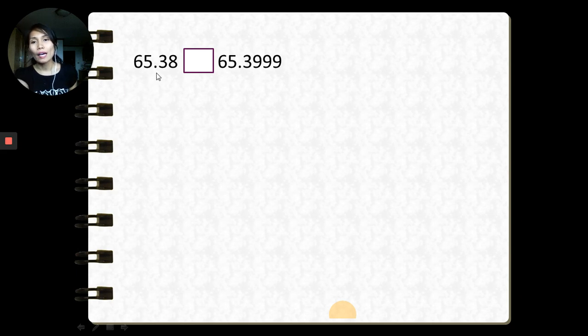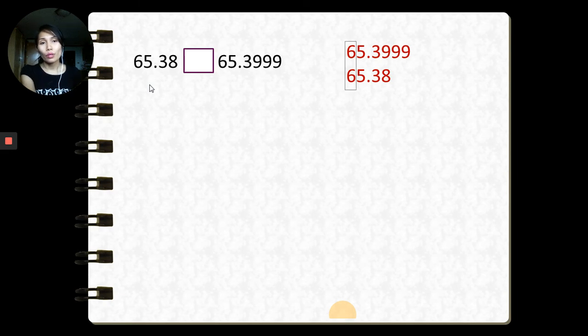So 65 and 38 hundredths and 65.3999. Is it more than or less than? Okay, first step, align these numbers according to their place value. So look at their decimal points. They're aligned. Focus on the decimal points. If they're aligned, then that means their digits are already aligned according to their place value.